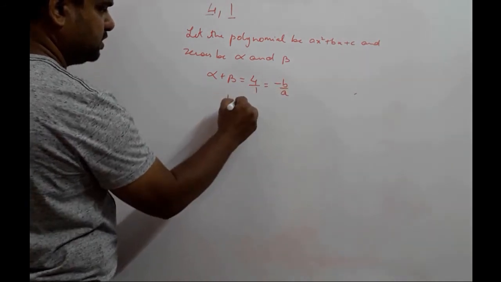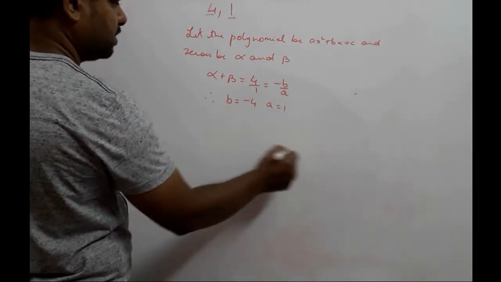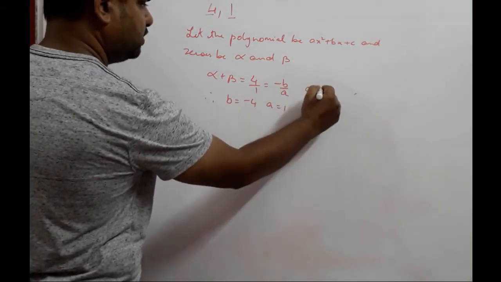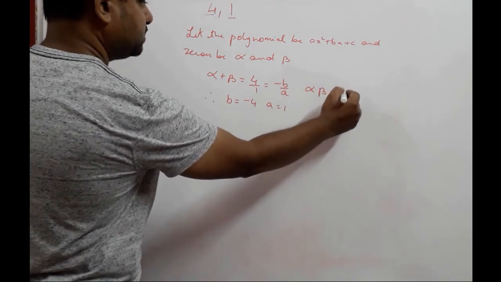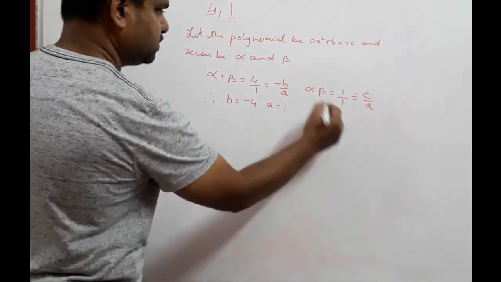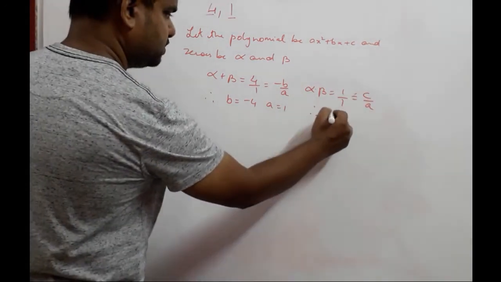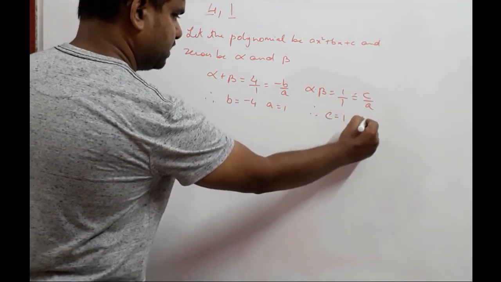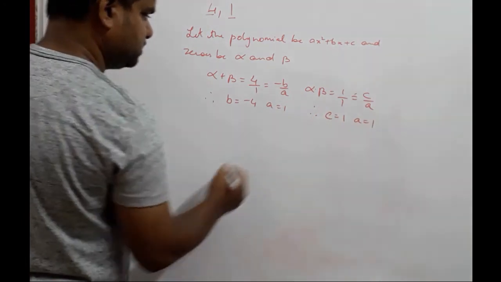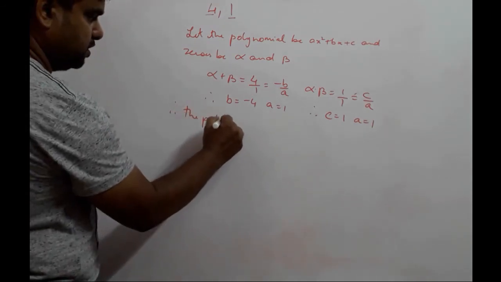That means b is equal to minus 4 and a is equal to 1. Alpha into beta is given as 1 upon 1, which is also equal to c upon a. So therefore c is equal to 1 and a is equal to 1.